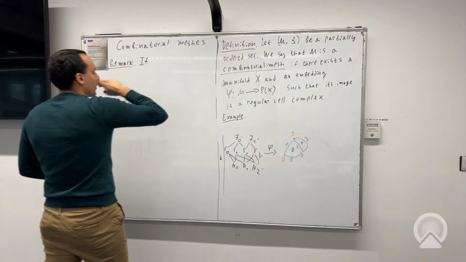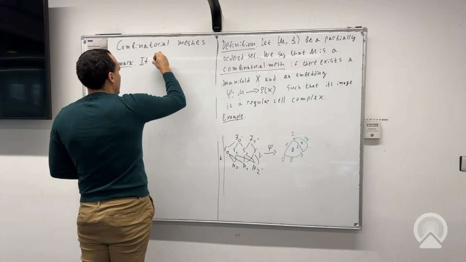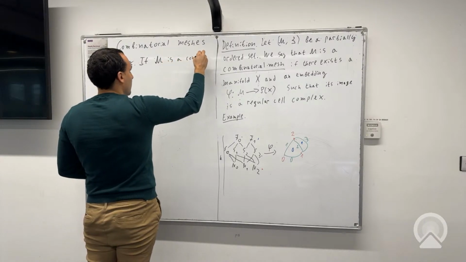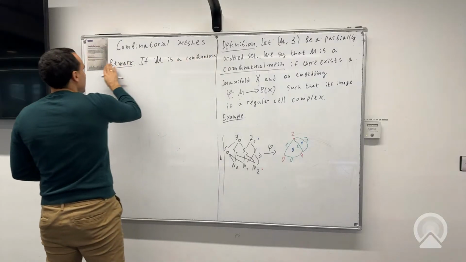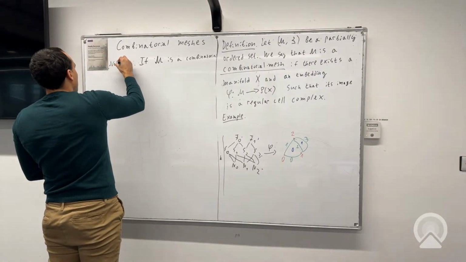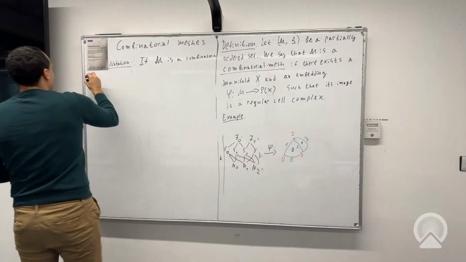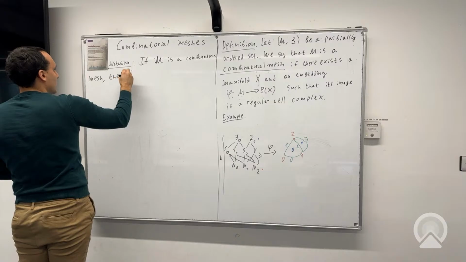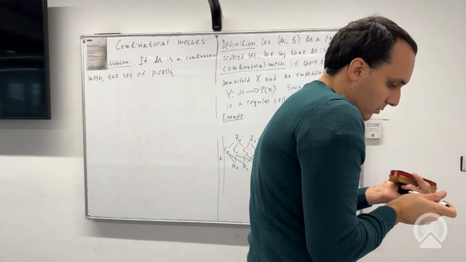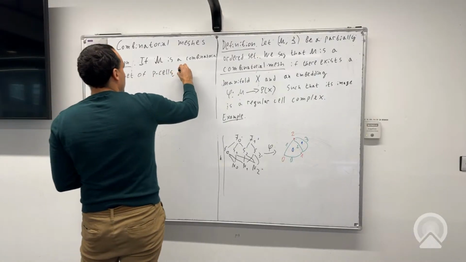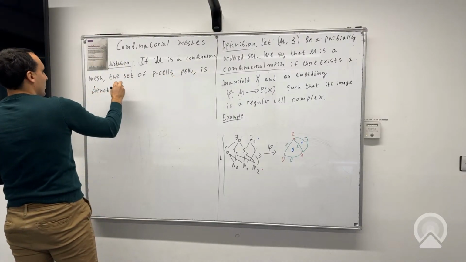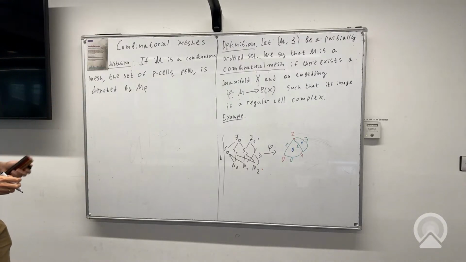If M is a combinatorial mesh, the set of P cells, where P is an integer, is denoted by M_P.